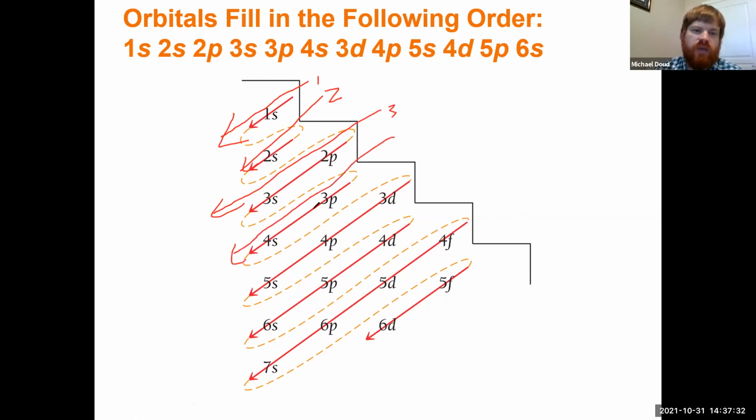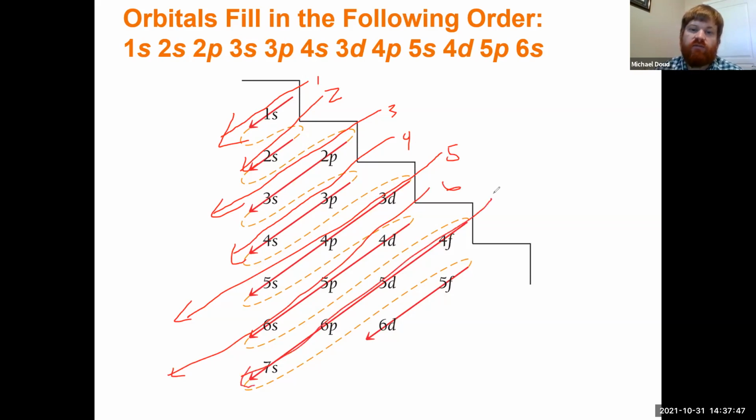Then we get 3p followed by 4s for line number 4. Then finally, moving on, after the 4s, we get 3d, 4p, 5s. Next up, 4d, 5p, 6s. Then finally, we get to the f's, right? So this is where we get 4f, 5d, 6p, 7s, and then wrap it up with 5f and 6d. I'm sorry, that's 8.